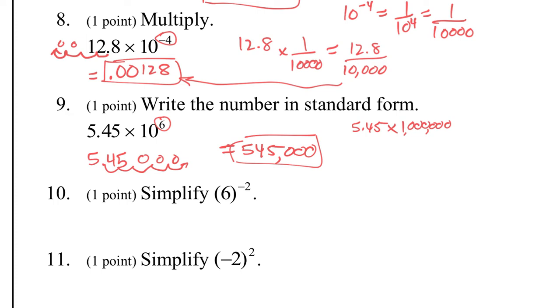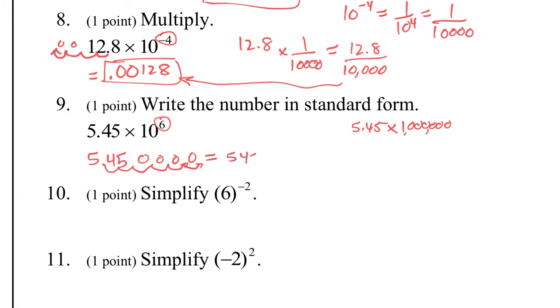Did I move that 6 times? Hold on. 1, 2, 3, 4, 5. Okay, 6. So I need to erase this answer right here and change that up a little bit, because I didn't move it 6 times. I got lucky on that.